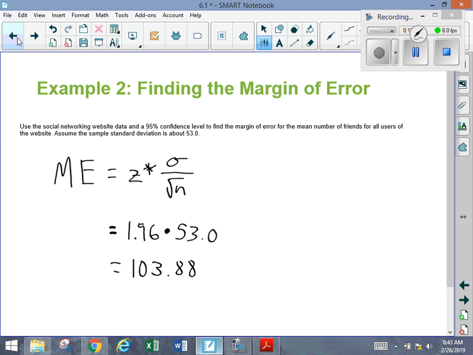I was thrown off because it gave me this, but it did not give me n. So I assumed that this was actually that. It didn't give me a sample size, so I didn't realize it was referring to the previous problem, which led me to believe that this had actually already been calculated, and that was the 15. So it turns out that wasn't true.